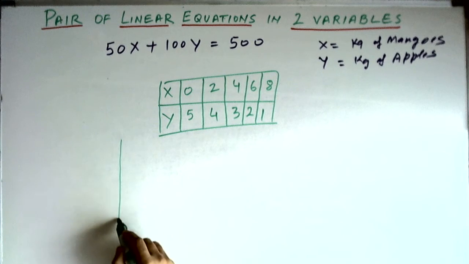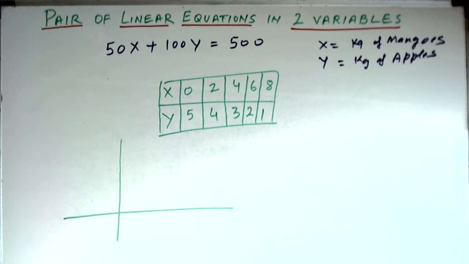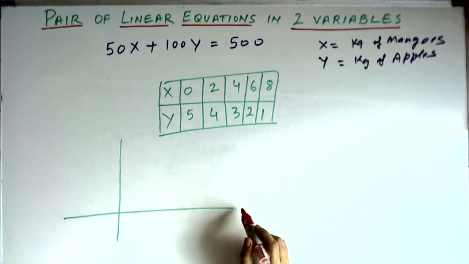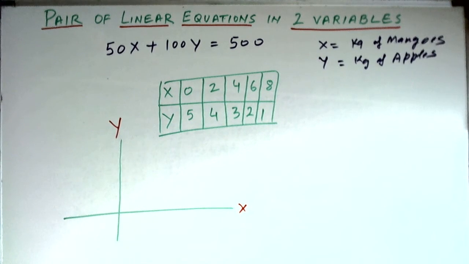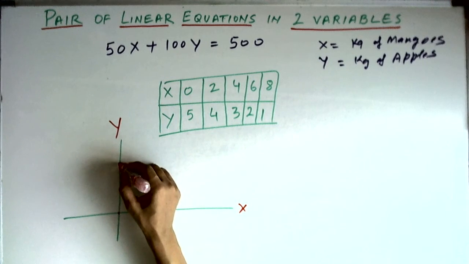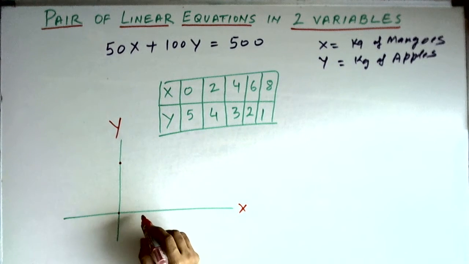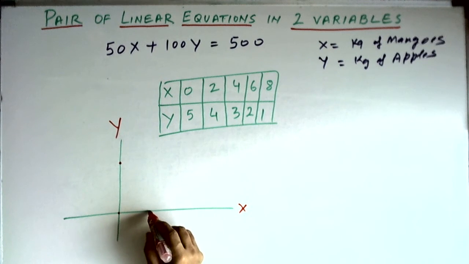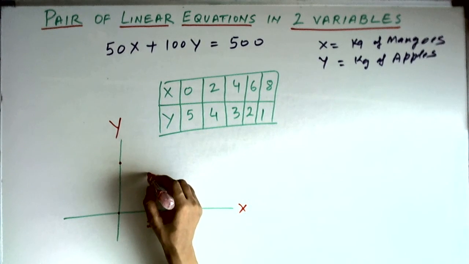So then we take the Cartesian plane and we draw the value of, say, x on this side and y on this side. And we know when x is 0, y is 5. And we also know when x is 2, y is 4.